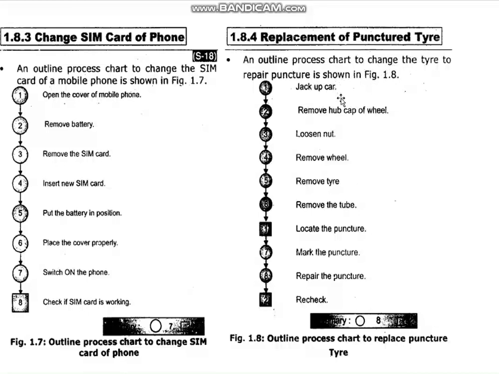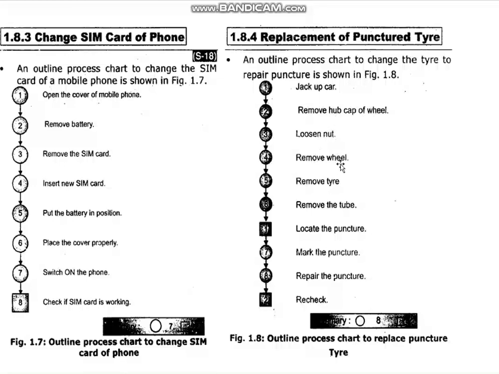This is for a car. With the help of a screw jack or toggle jack, jack up the car. This is the first step. Then you remove the hub cap of the wheel, because many cars have a wheel cover. Then nuts should be opened with the spanners.